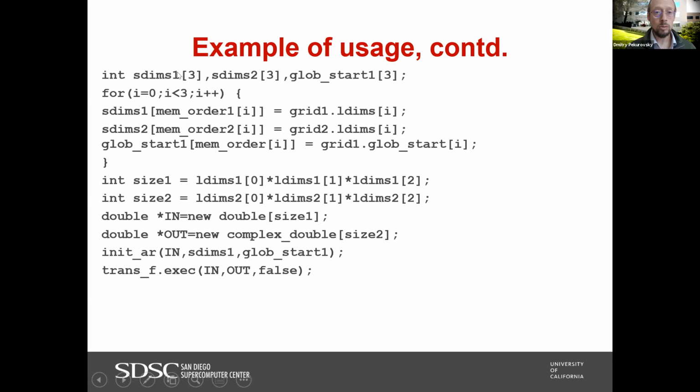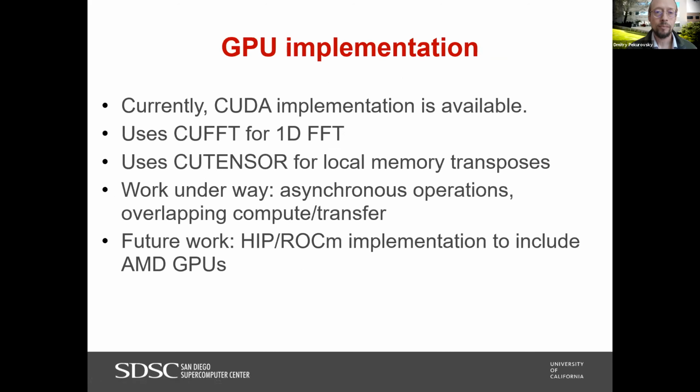Now we're ready to allocate data, initial and final data, initialize the input array, and here we're ready to execute. Call the execution function of the transform type, 3D FFT transform. So it's very simple. It's easy to use, but I believe it's one of the most general descriptions.